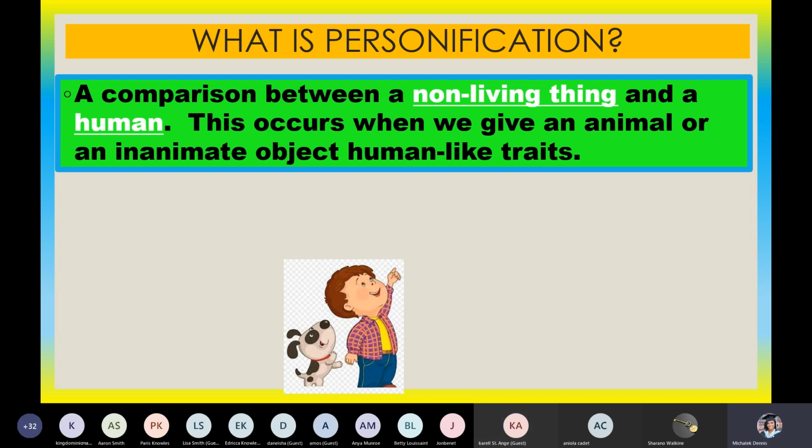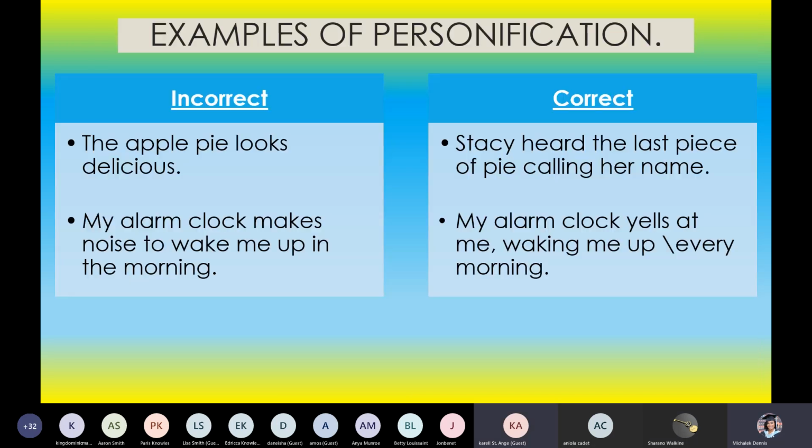Can anyone give me an example of personification? You can put it in the chat. The leaves dance in the wind. Very good. Lightning danced across the sky. Excellent job, Baroniqua. Good job. The leaves. What does someone say? I missed it just now.